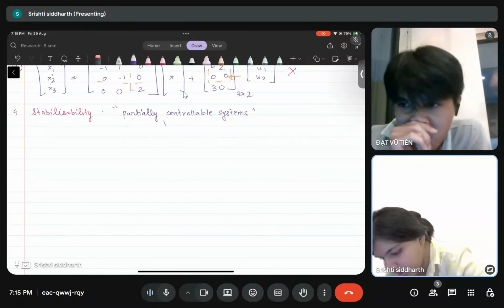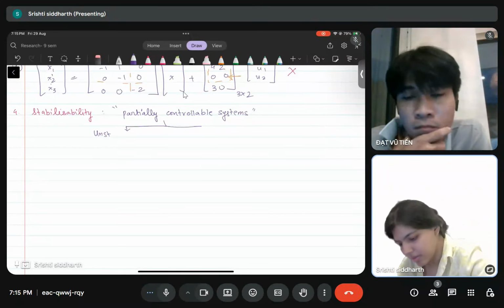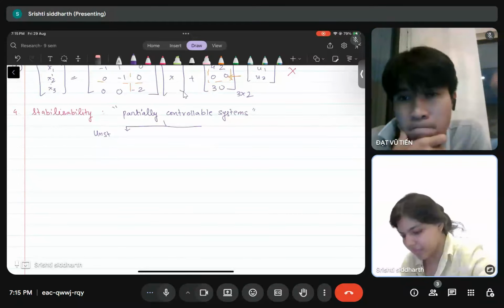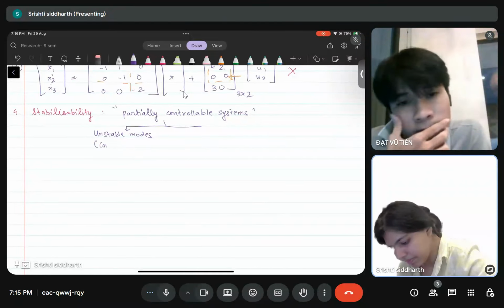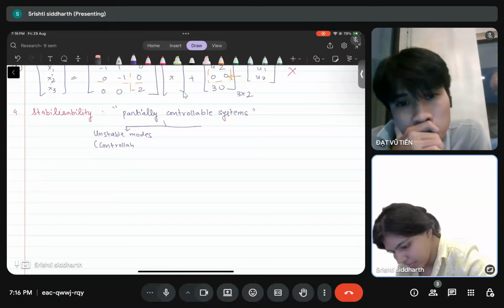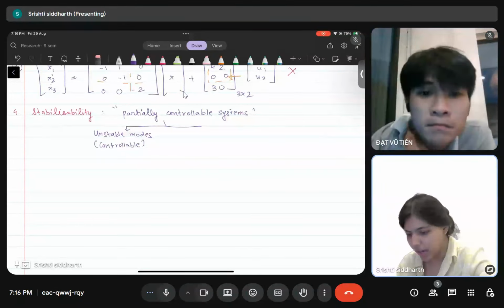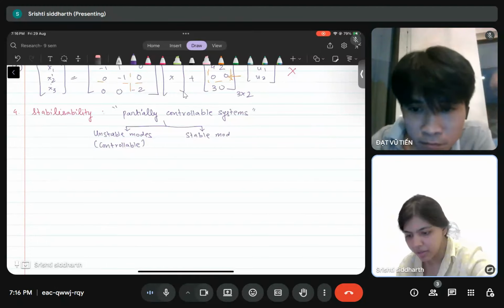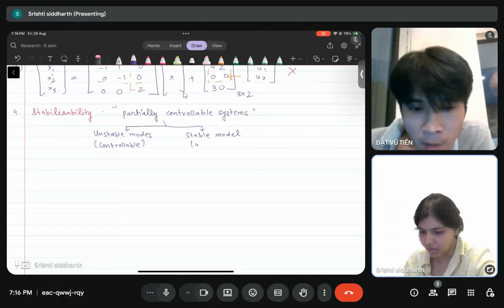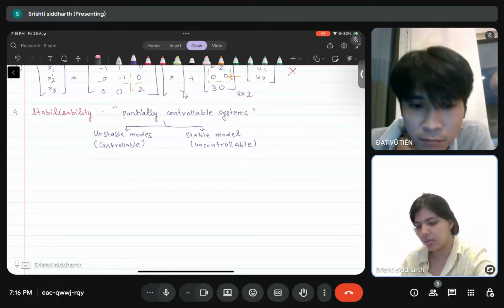This means that the unstable modes are controllable, so we can damp them or control them however we want. And the stable modes, the stable eigenvalues, may be uncontrollable, and these would eventually die down.